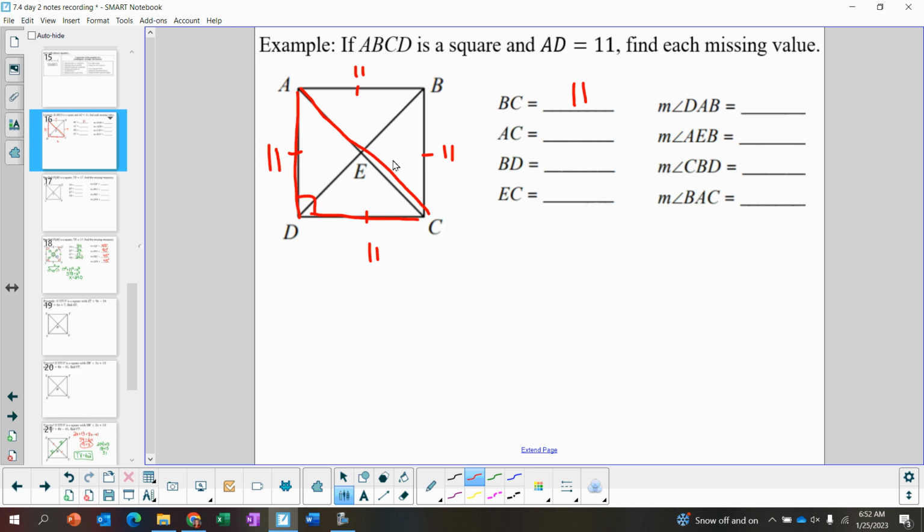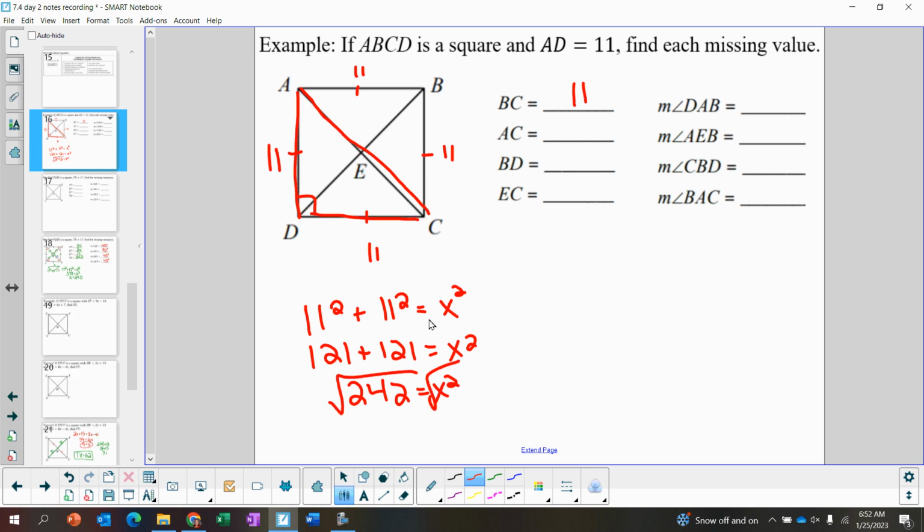The two sides are 11 and x is my hypotenuse. So we're going to use the Pythagorean theorem. So that's 11 squared plus 11 squared equals x squared, 121 plus 121 is 242. And now we'll take the square root of both sides. So we get about 15.6.